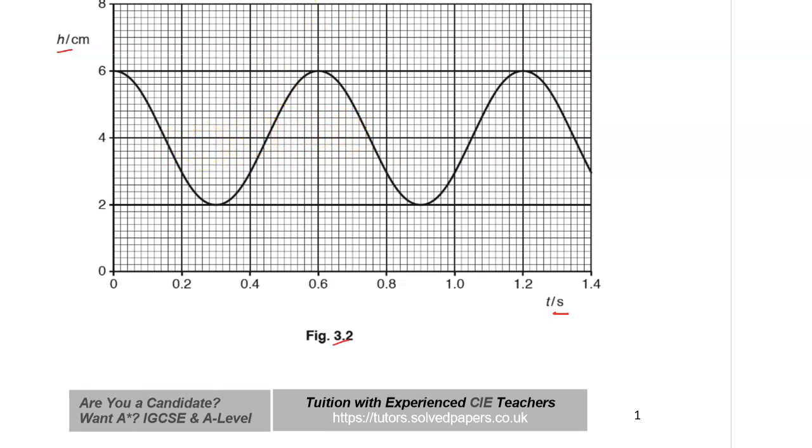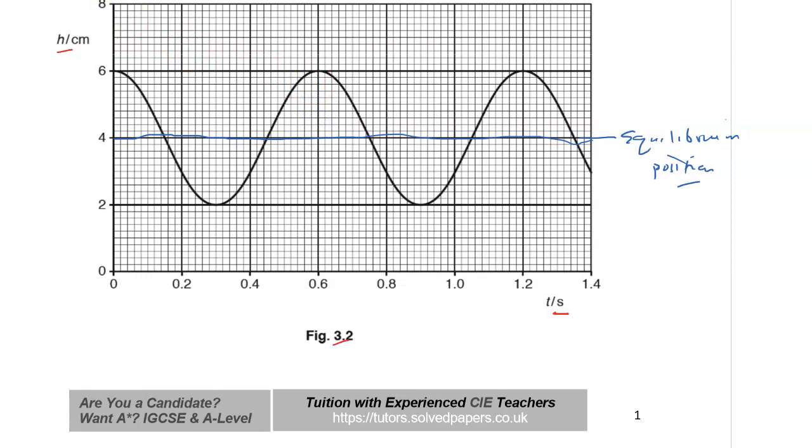The equilibrium position of this graph is this point here at 4. If you draw a line at 4, that is the equilibrium position of this graph.